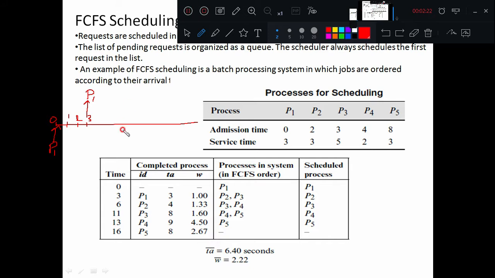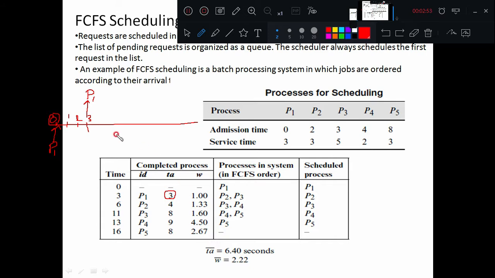Now according to the definition of turnaround time, the time between submission of a job and its completion: the process enters at 0th second and finishes at 3 seconds. So the time difference is 3 minus 0, which means the turnaround time for process P1 is 3 seconds. I hope you understood, right?